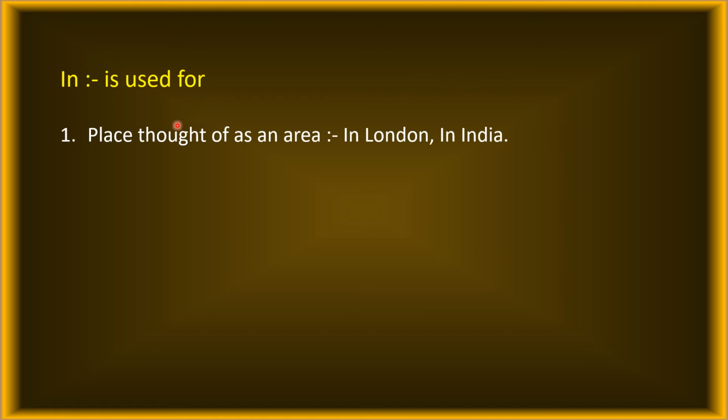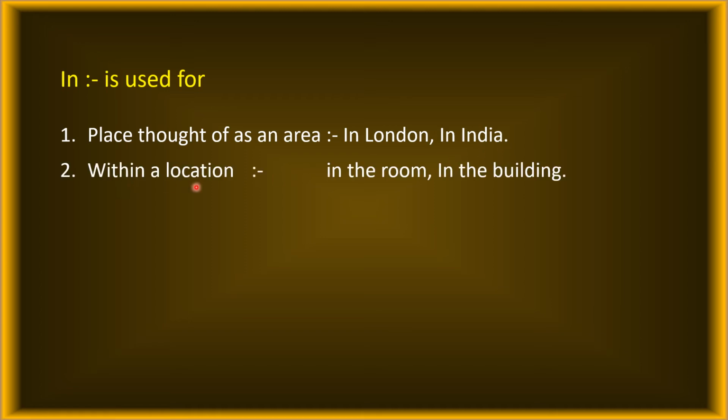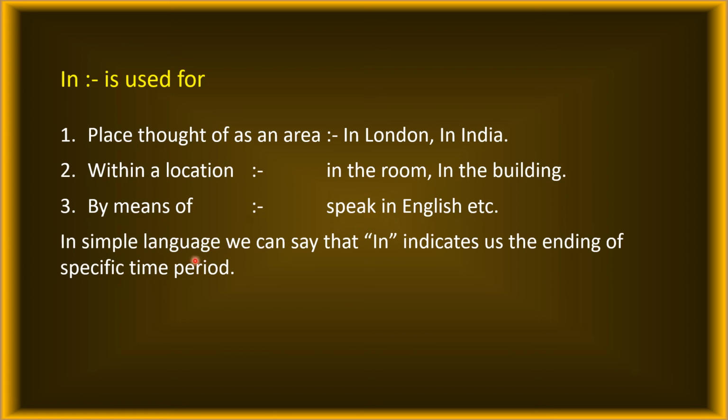Next is in. In is used for place or thoughts of as an area, like in London, in India, within a location, in the room, in the building, by means of speak in English. In simple language, we can say that in indicates the ending of a specific time period.